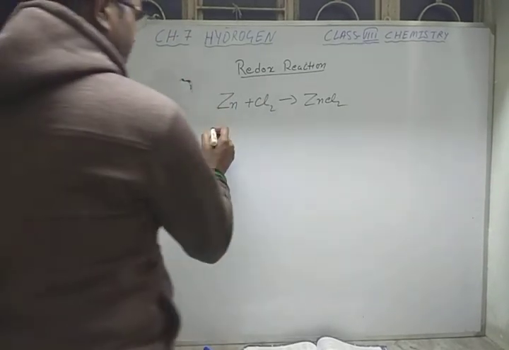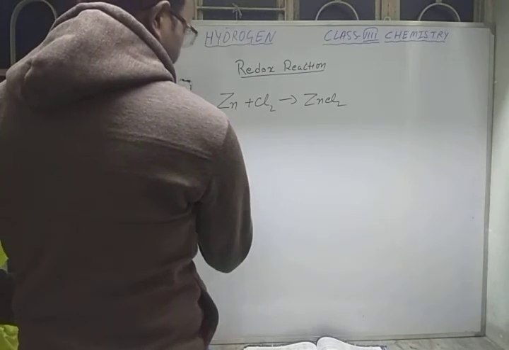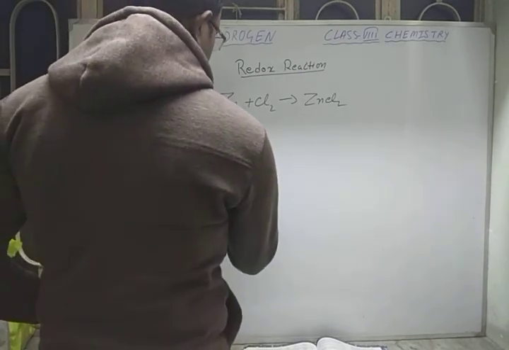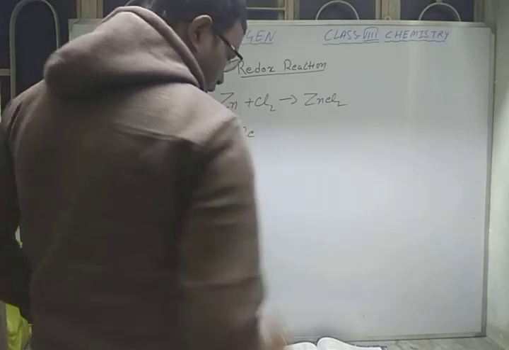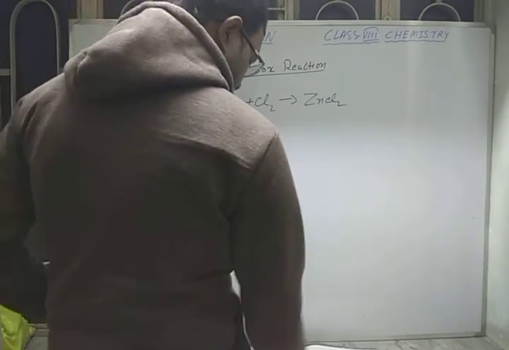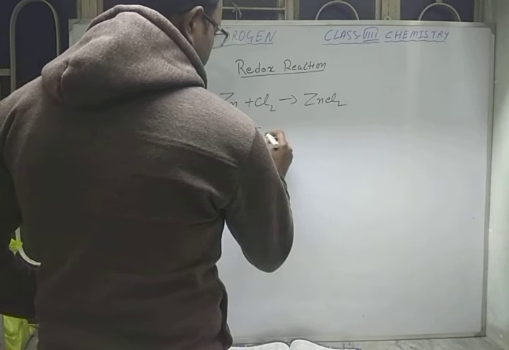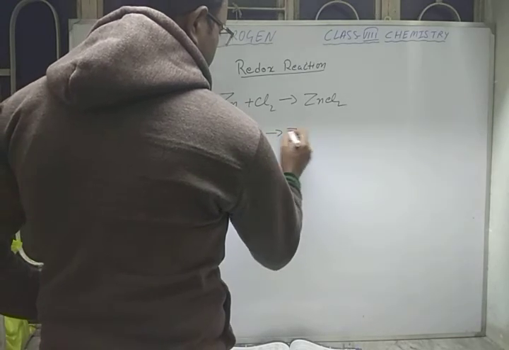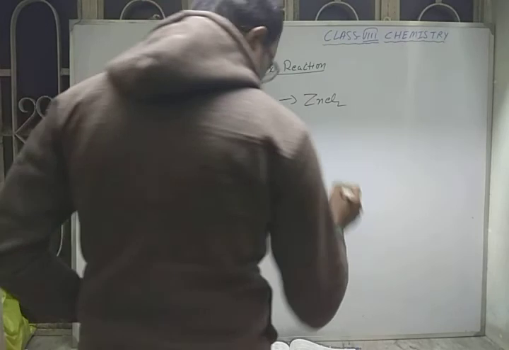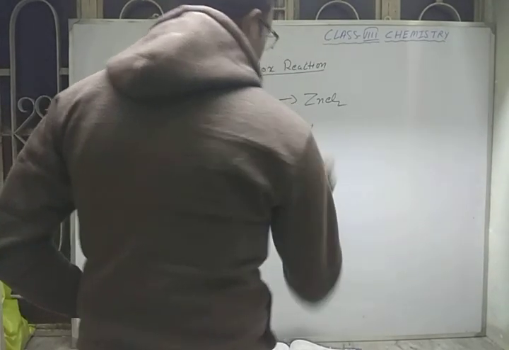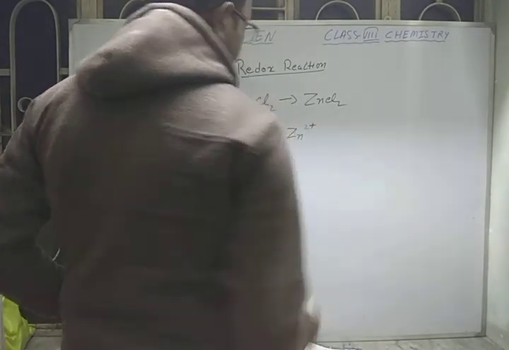So what we see here, zinc is losing 2 electrons to form Zn2+, a positive ion.